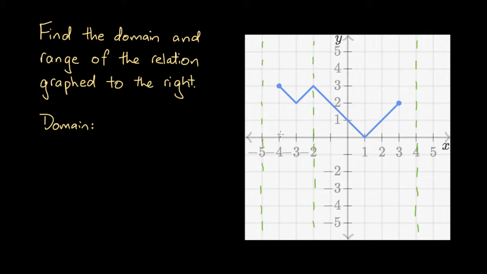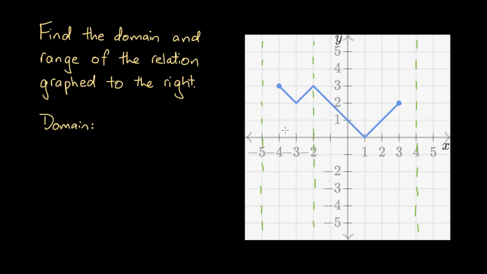But all the x values from x equals minus 4, including x equals minus 4, all the way to x equals 3, including x equals 3, if we were to draw a dotted line above or below those x values, we would always get an intersection with this blue curve. Consequently, these are valid inputs for this relation, and they are part of the domain.